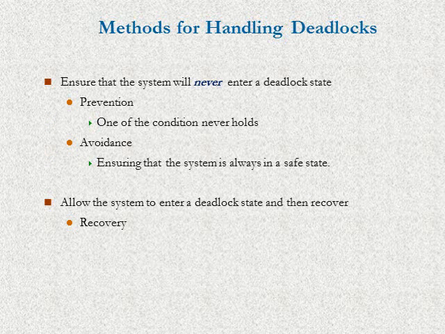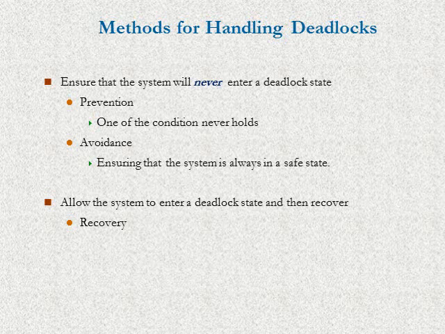Moving on, under the first two broader methods, we have some categories which can be used to deal with the deadlocks. The first method, where we ensure that the system will never enter into a deadlock state, includes prevention and avoidance of deadlock.